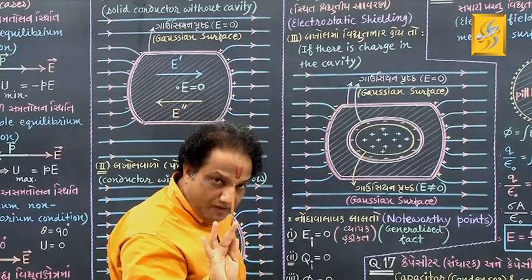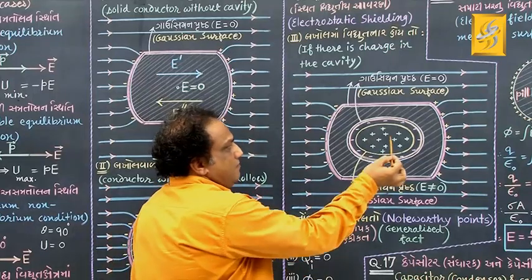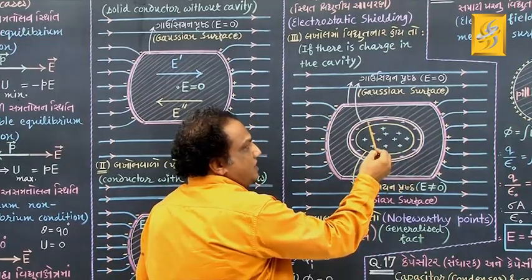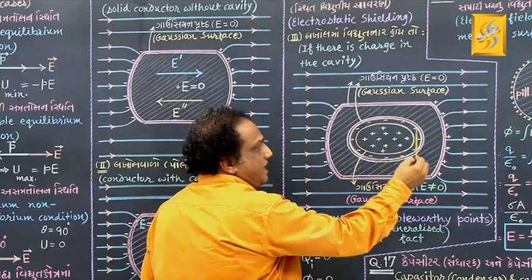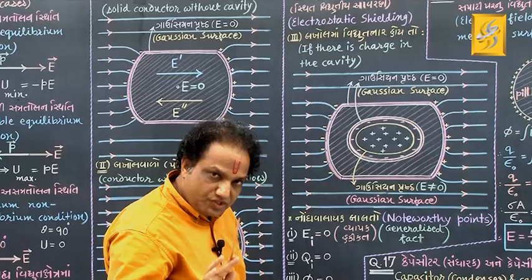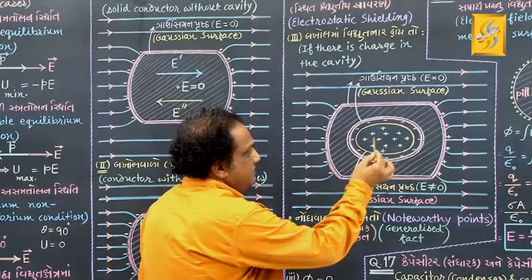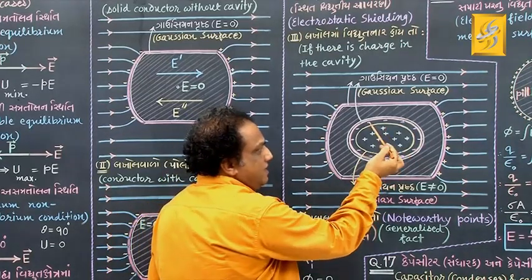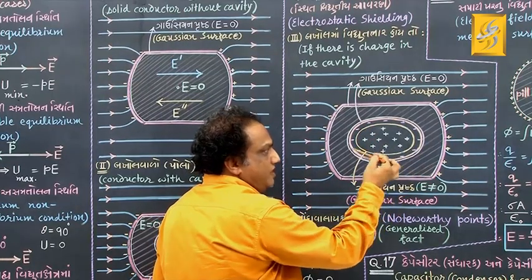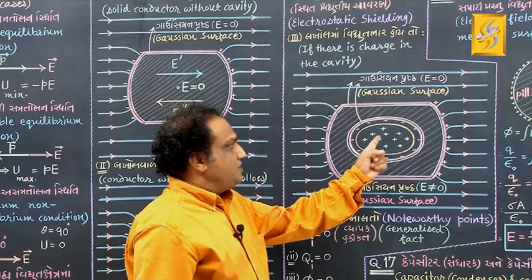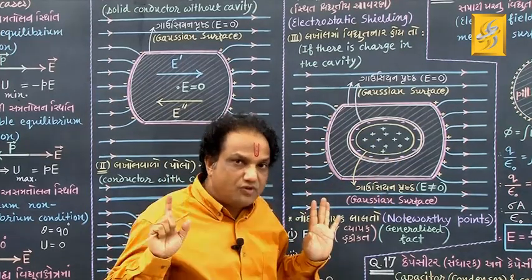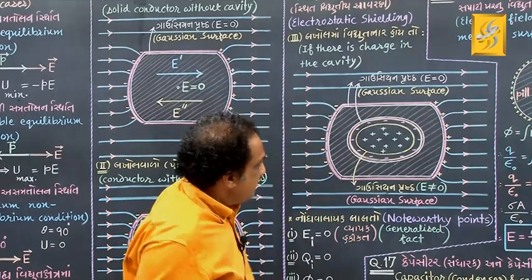Now, what will happen? I am showing you. Because of the presence of this positive charge, negative charge will get induced on the surface of the cavity with the same amount. Here the plus signs are 12 and you can count the negative signs, it is also 12. So the inducing charge is plus 12 units and the induced charge is minus 12 units.